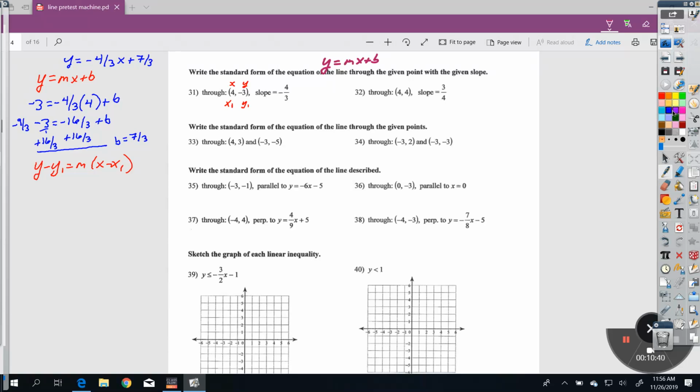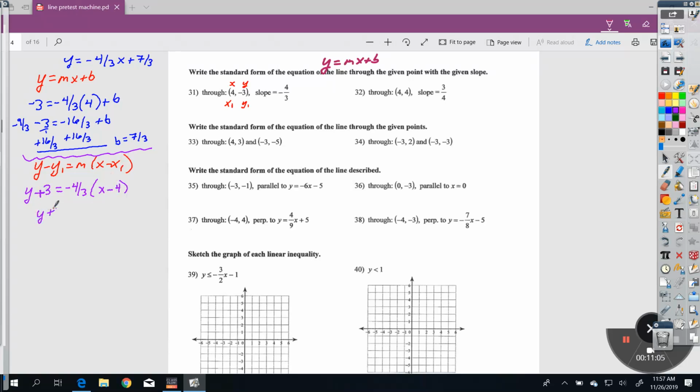Again, if you were to do it another method, using this other method, y minus y1 equals m, negative 4/3, x, whoops, y minus a negative, so that makes it plus, x minus 4.